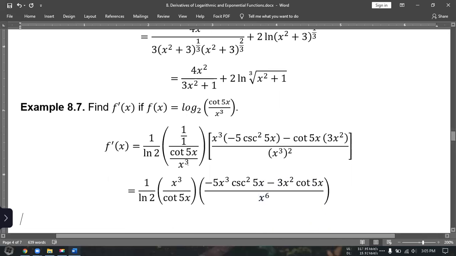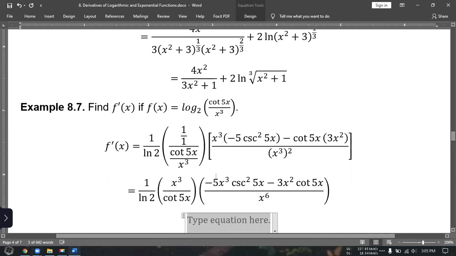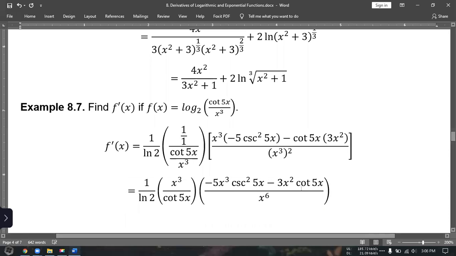Then simplify. We can cancel both of our terms here. We have x squared here, and we have x squared here, and another x cubed. So we can cancel out x squared in both of our terms. Okay, to make it clearer, let me factor out x squared first.